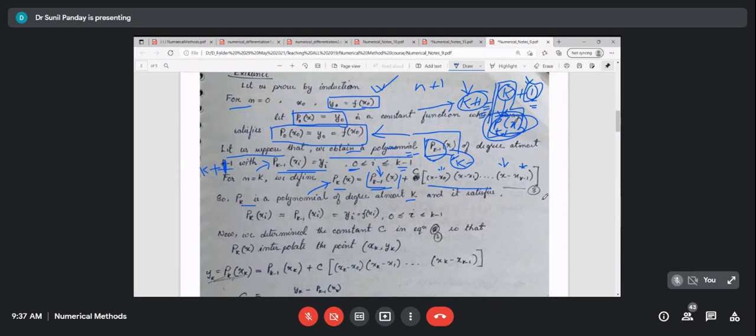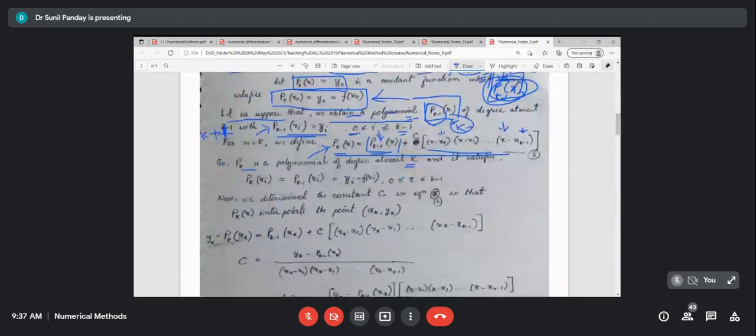So from this equation, p_k is of degree at most k.